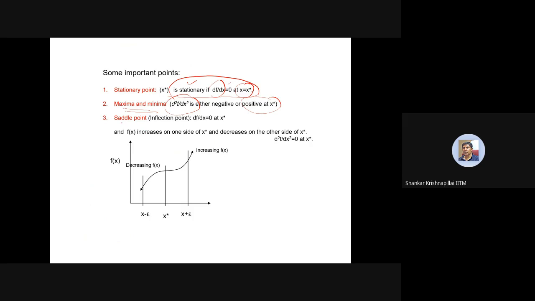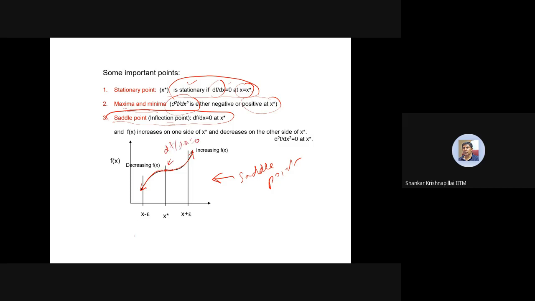Then there is another important point called the saddle point, which you may not know. Saddle point is also called an inflection point. You can see this is the illustration of a saddle point. So x star is called a saddle point if f of x is increasing on one side of x star and decreasing on the other side, and also the slope is equal to 0, that is df by dx is equal to 0.